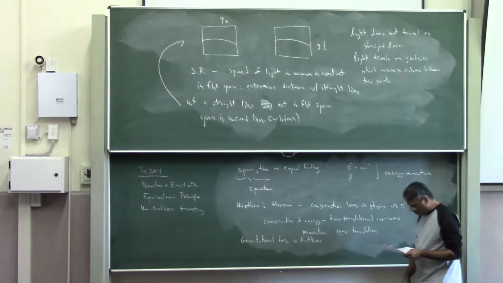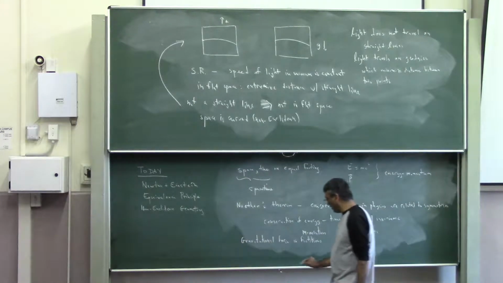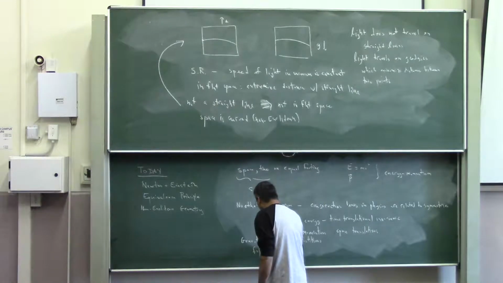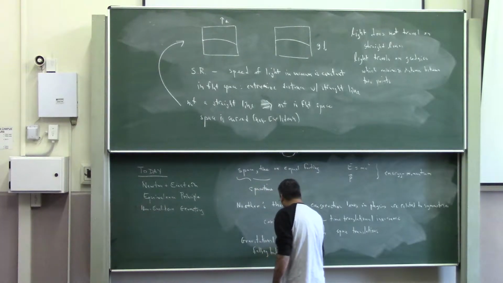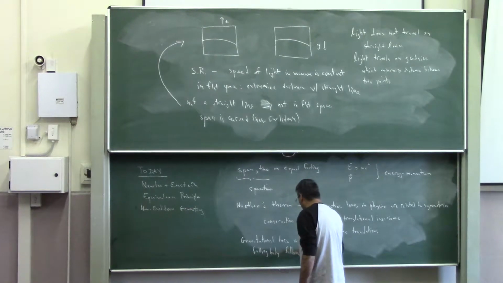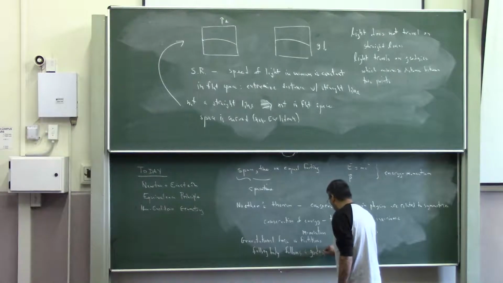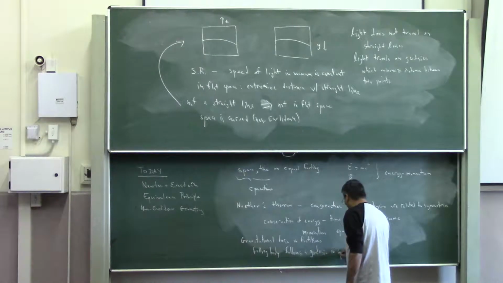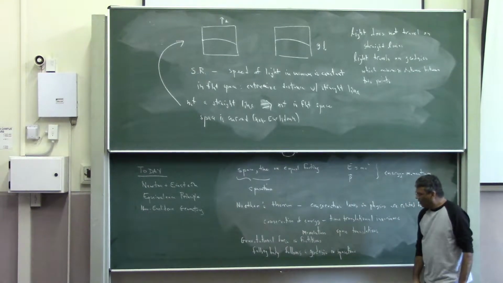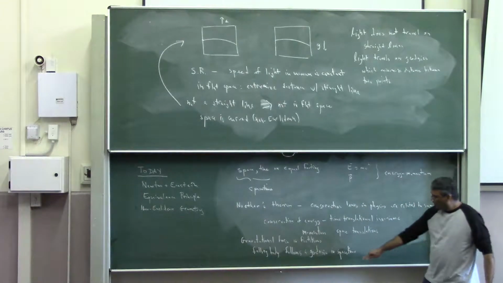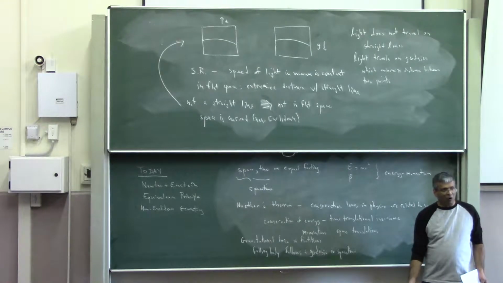So what I mean by fictitious is that a falling body follows a geodesic in space-time. So the presence of the curvature of geometry is what determines how you fall.